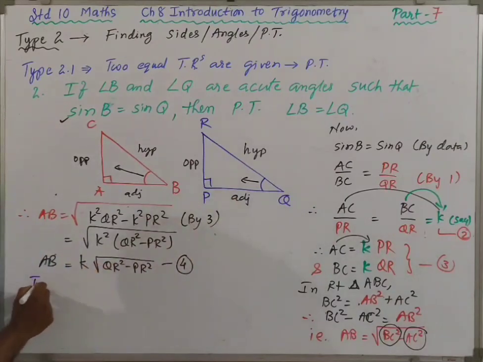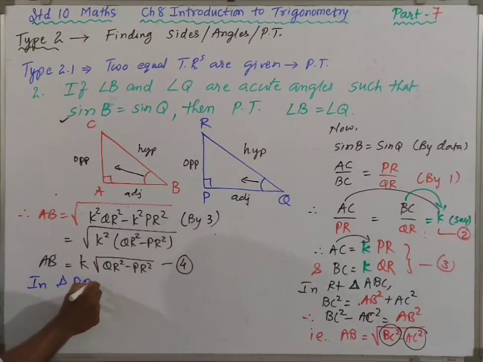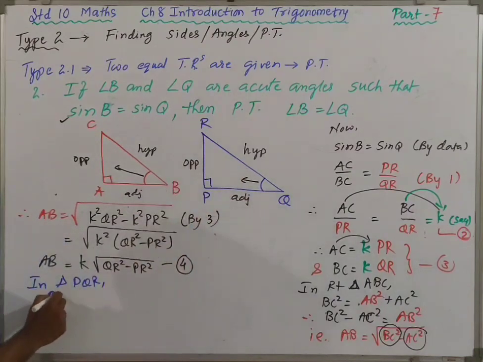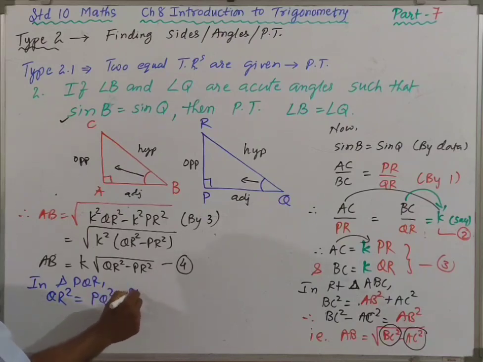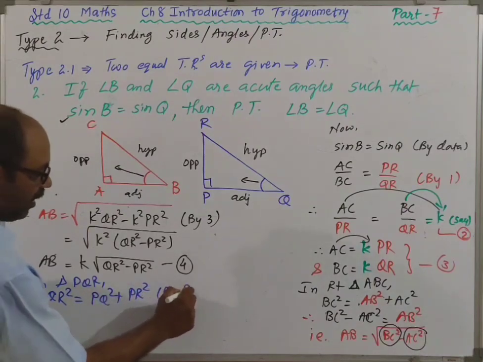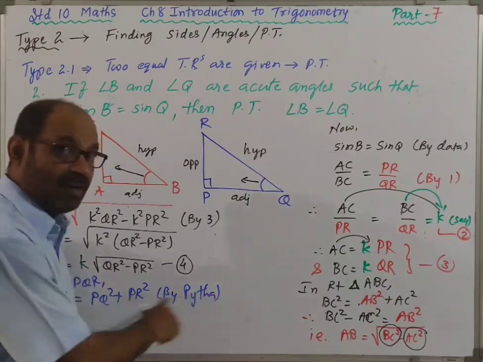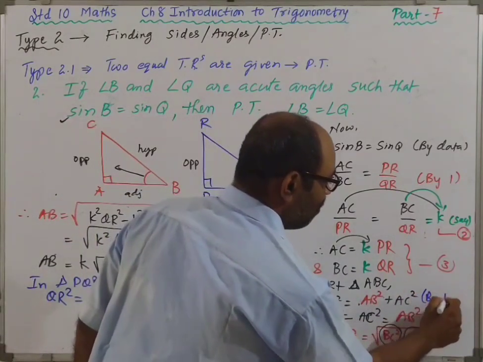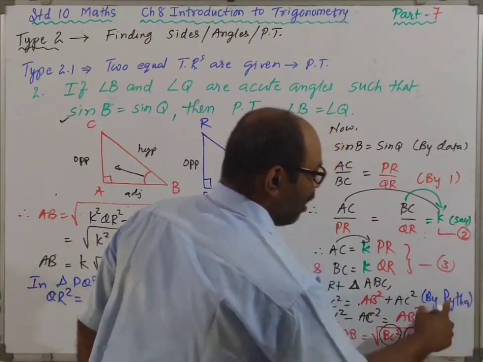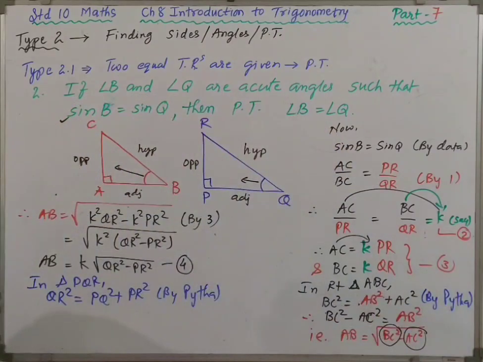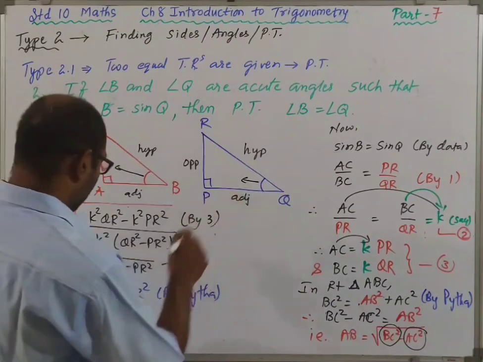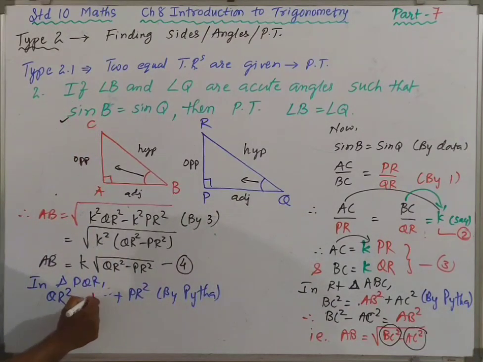Now in triangle PQR, Pythagoras, QR square is equal to PQ square plus PR square by Pythagoras. I'm writing in short. Please, you don't write like this. Here also. By Pythagoras. I don't have space to write. Okay. Children, यहाँ the third one is PQ. So आपको इसको subject of the formula बनाना है.